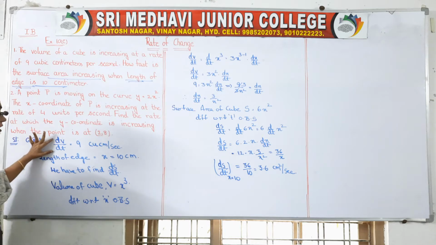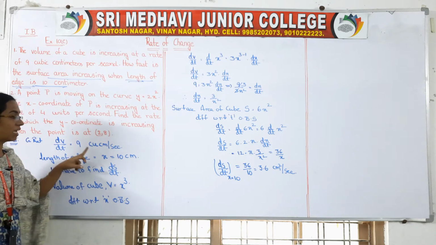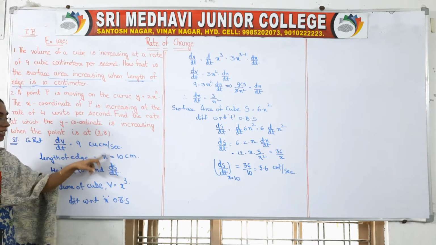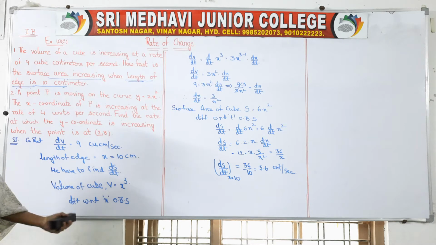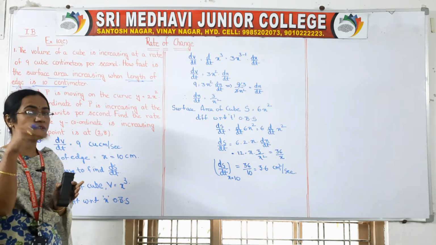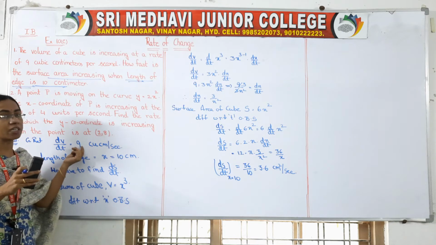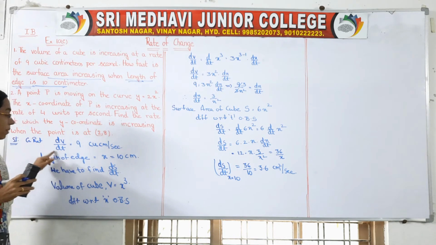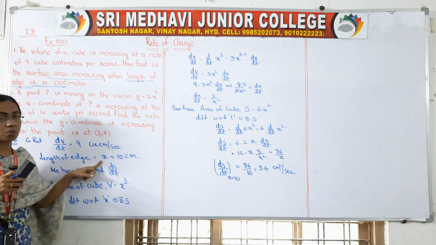So here it is given that the increase in volume is 9 cubic centimeters per second, or you can also write centimeter cube per second. That means the cube we are filling has 9 centimeter cube per second. dV by dt is given to us, and we will consider the length of the edge to be x.